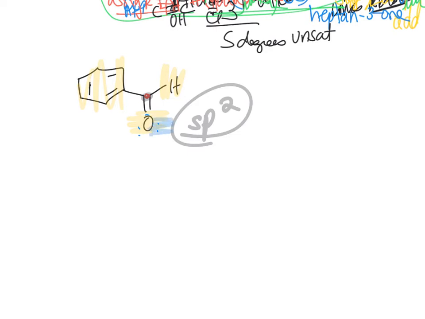Has 1 thing, 2 thing, 3 thing. It's sp2. Put in your hydrogens here. Those carbons have 1, 2, 3. Those are sp2. Okay, so be able to do hybridization.